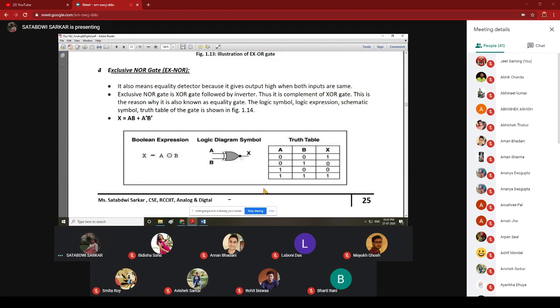So XNOR can be shown as a dot inside a circle. This is the symbol or Boolean expression. This is the logic diagram symbol, and here is the truth table. So you can see in this truth table that if the values of the inputs are the same, then the output is 1. And if the values of the inputs A and B are different, that is exclusively different, then the output is 0.